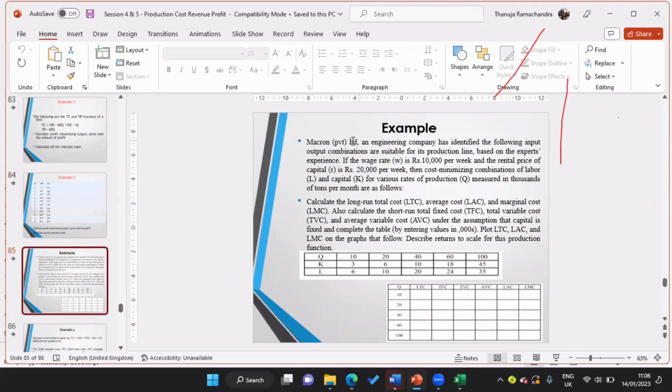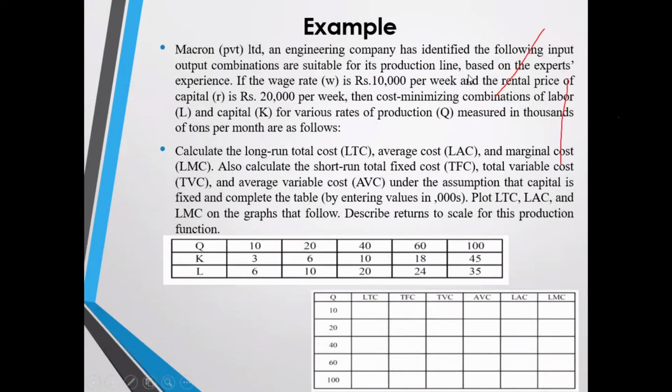Right. So Macron is an engineering company. As identified, the following input-output combinations are suitable for its production line based on the expert's experience. If the wage rate is 10,000 per week and the rental price of capital is 20,000 per week, then the cost-minimizing combinations of labor and capital for various rates of production, measured in thousands of tons per month, are as follows.